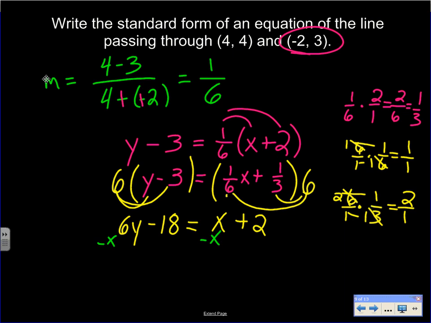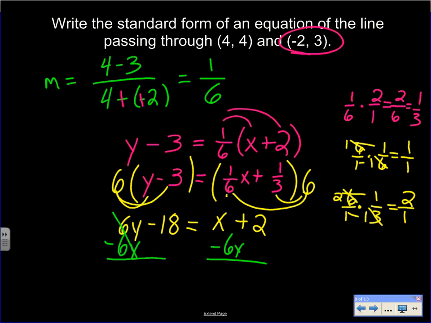I don't want to subtract x from both sides, because in the end we're trying to get a to be positive, and if I subtract x from both sides, a is going to be -1 there. So let's hold off on that thought. Follow me on this one. Let's subtract 6y from both sides. Subtract 6y from both sides.